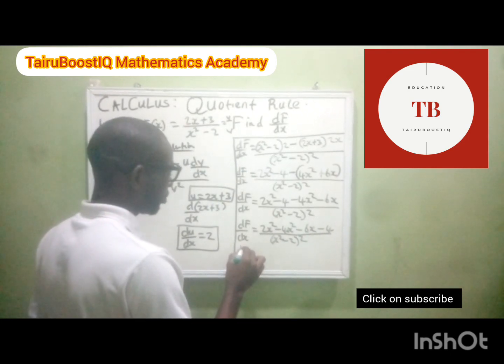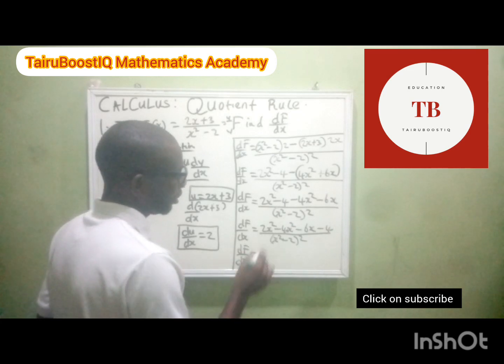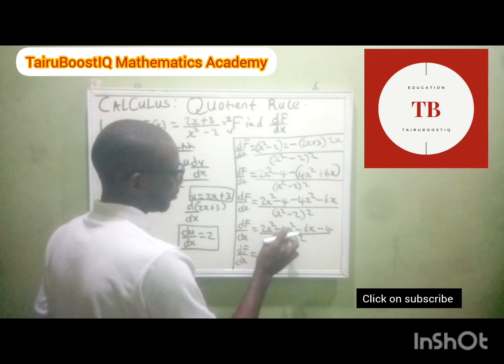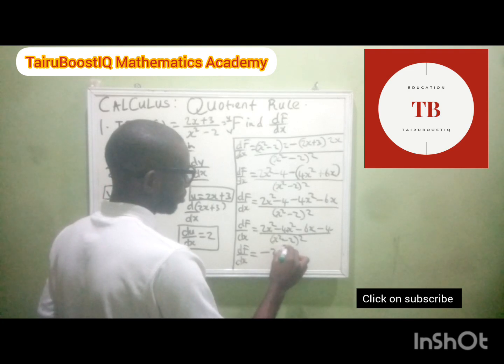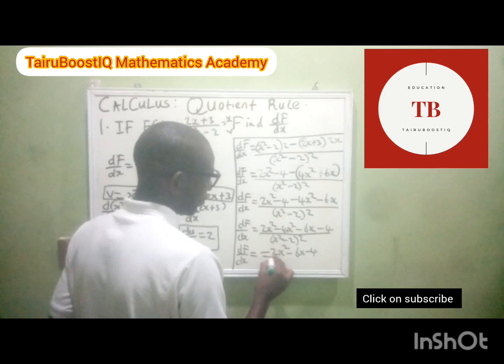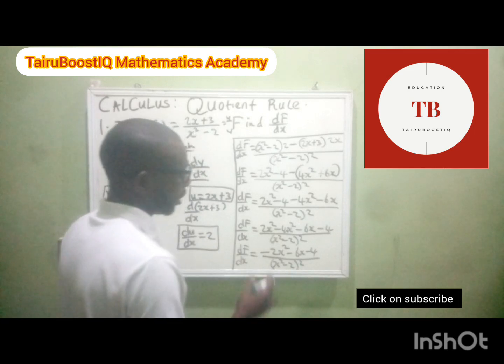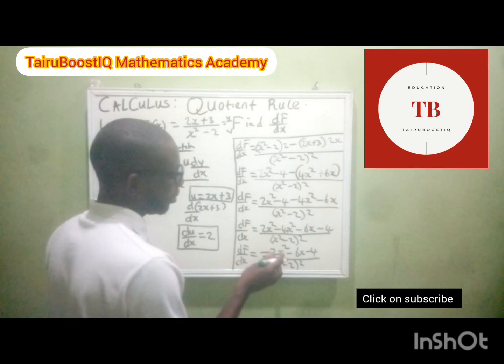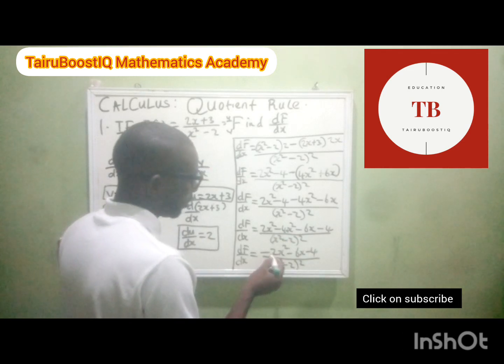Now at this junction, this is where we get the value of df over dx. 2x squared minus 4x squared gives us minus 2x squared, minus 6x minus 4, all over x squared minus 2 all raised to power 2. You can leave your answer in this form, and if you like, you can factor 2 out, because 2 can go through all these numbers.